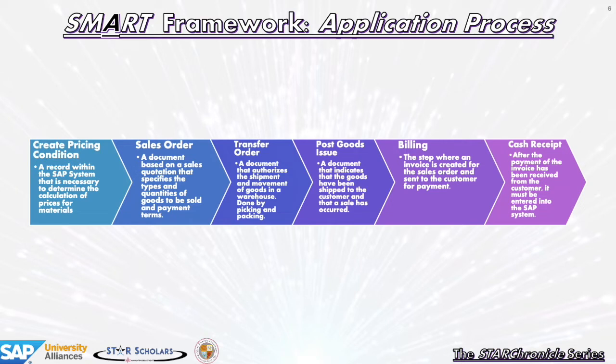Next, a sales order must be created to enter specific details about a sale to a customer in the SAP system. A sales order is a document that is based off of a sales quotation and specifies the types and quantities of goods that are to be sold to a customer, as well as information such as payment terms and customer-specific information such as billing and shipping addresses.